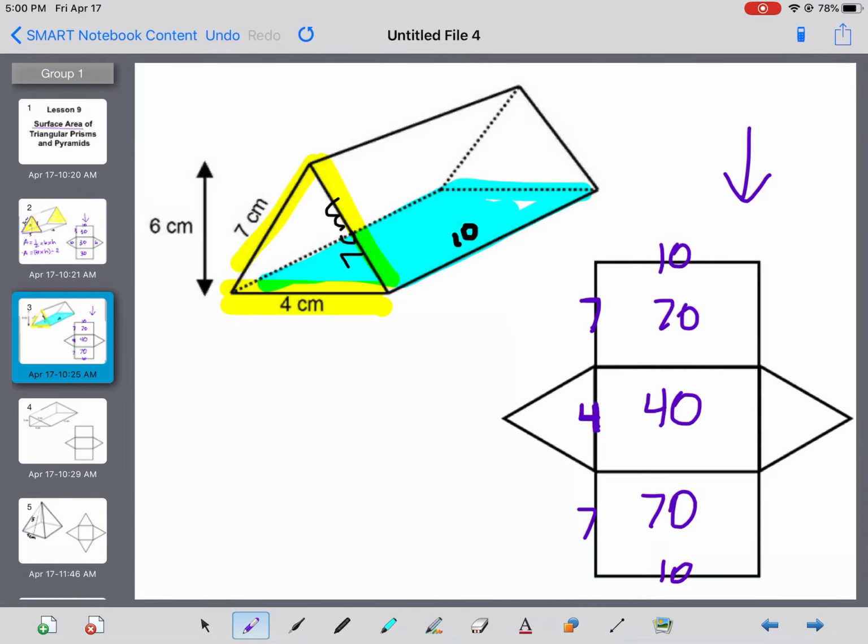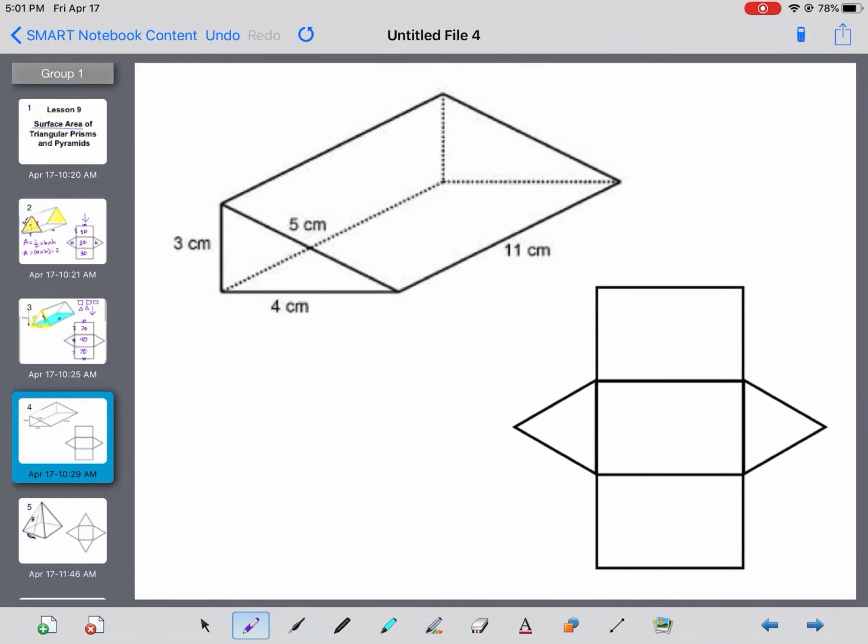So really be paying attention to those triangles, thinking about those side lengths, draw it out in a net, or even if you want to draw it out just as separate shapes, rectangles off by themselves, and then 2 triangles, whatever works best for your mind. Go ahead and do that to keep track of which measurement is which, and to be able to pay attention to the fact that there might be some that are different.